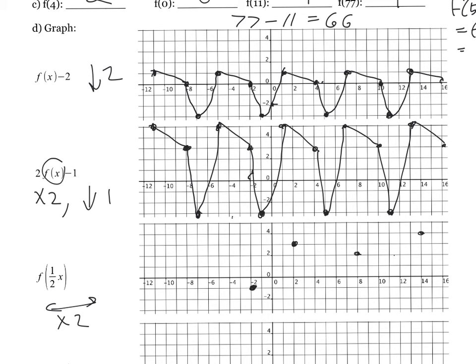Everything is stretched out by a factor of 2. The period is not 6 anymore, the period is 12. So for my bottom points, I can go over by 12 units at a time. And so we get something that looks like this.